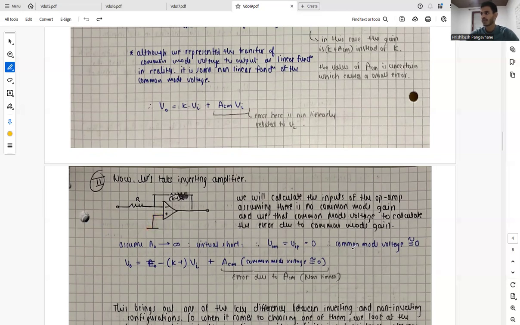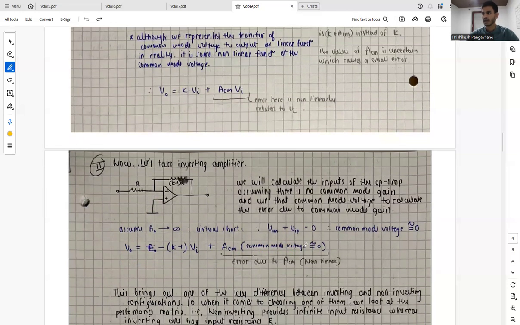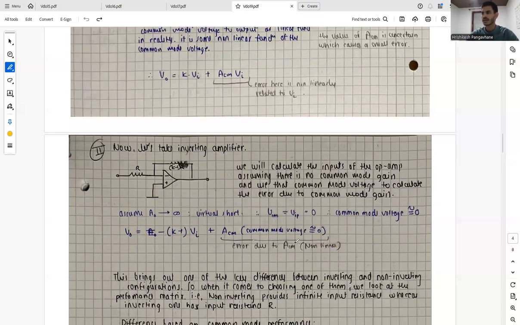So the common mode voltage is nearly equal to 0, and thus our V naught is nothing but minus (K minus 1) times Vi plus ACM times the common mode voltage, which is nearly equal to 0, and the error due to ACM is non-linear. So this brings out one of the key differences between inverting and non-inverting configurations.